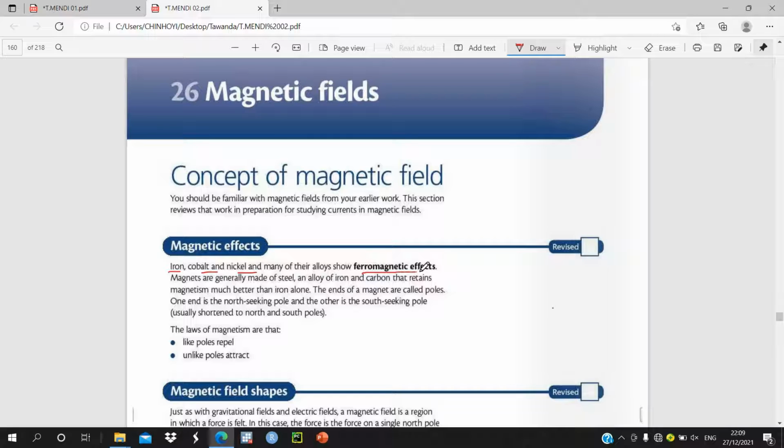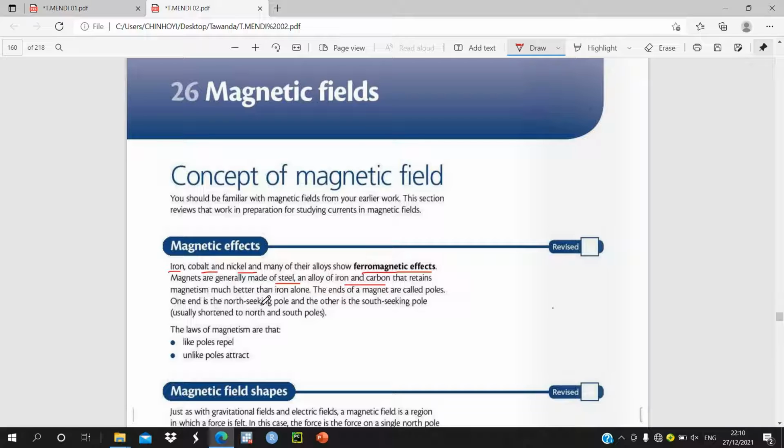They are known as the ferromagnetic elements. So generally the magnets are made up of steel and an alloy of iron and cobalt that retains magnetism much better than iron alone. The ends of the magnet are called poles.